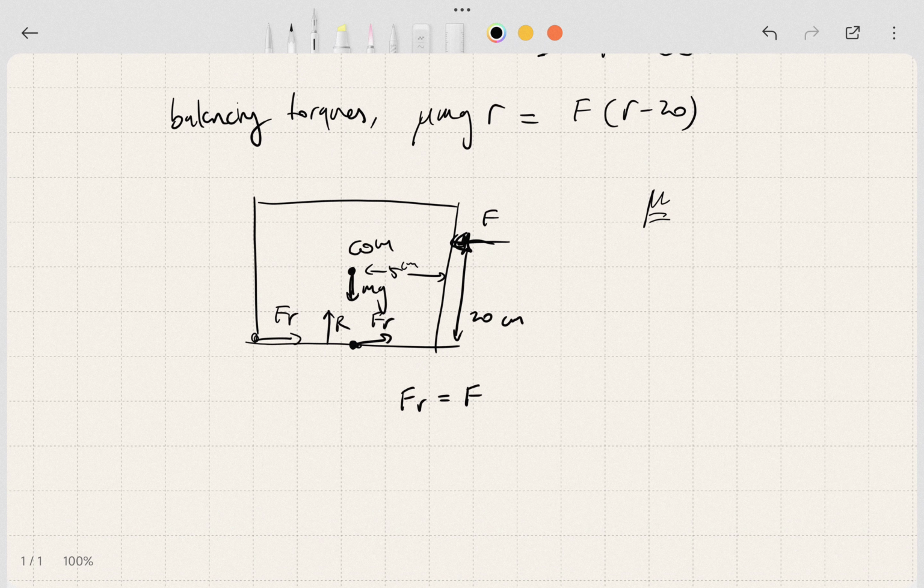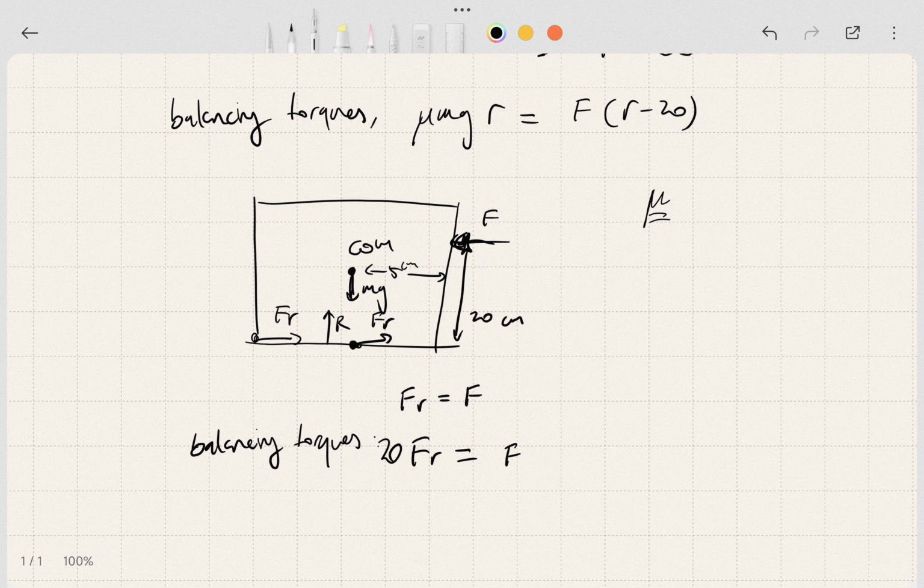So balancing torques, you would have FR times 20 is equal to F, the force supplied, times what?